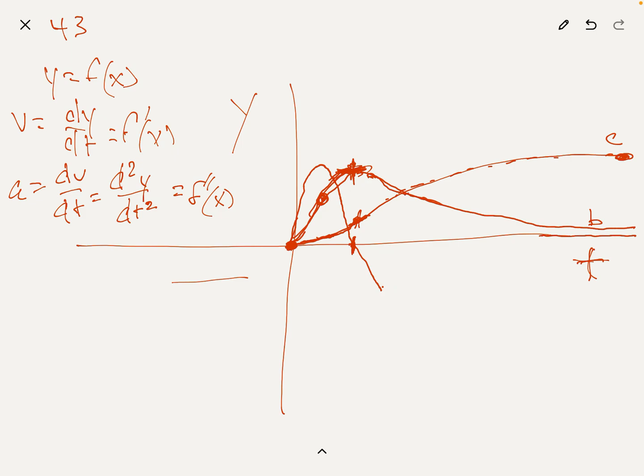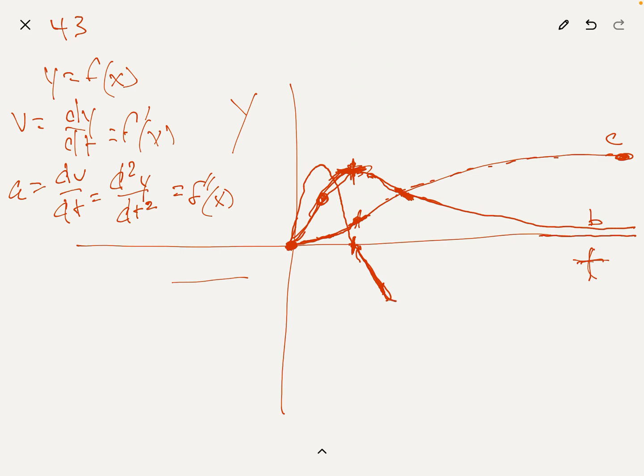And maybe, let's say, the maximum decrease in velocity is here. So that's where the minimum negative acceleration is. So this is deceleration, is another way we would speak of this. This is deceleration, or negative acceleration.